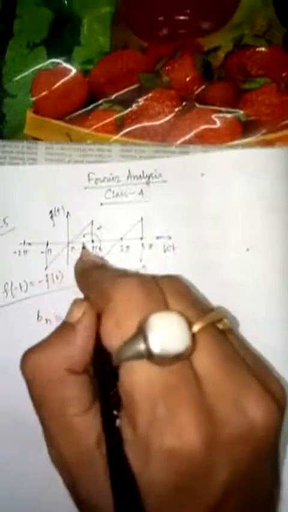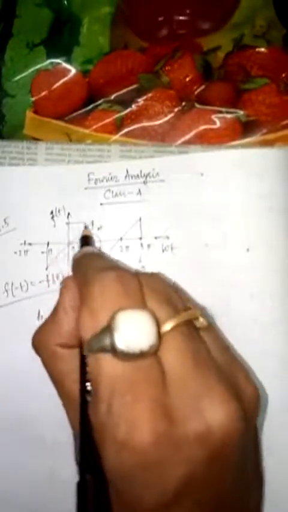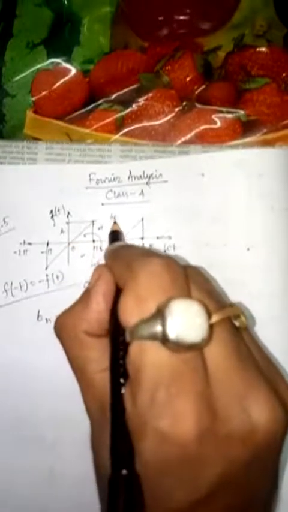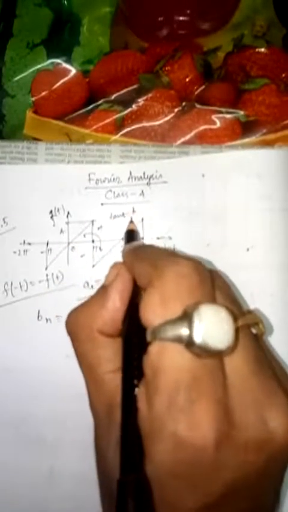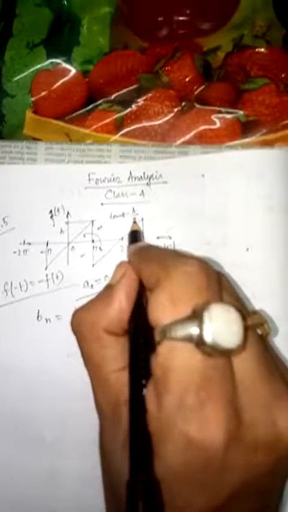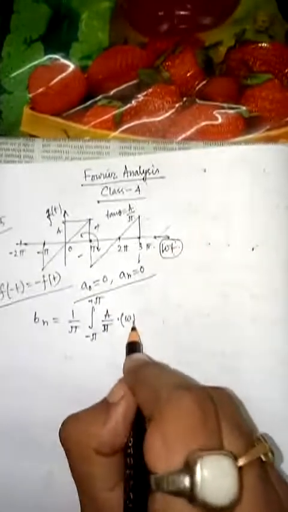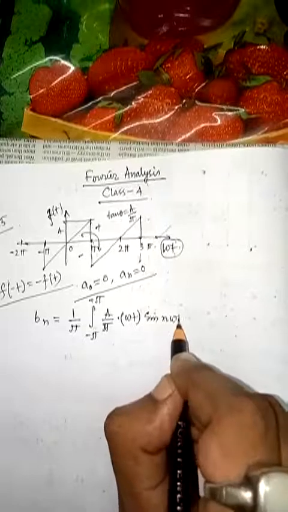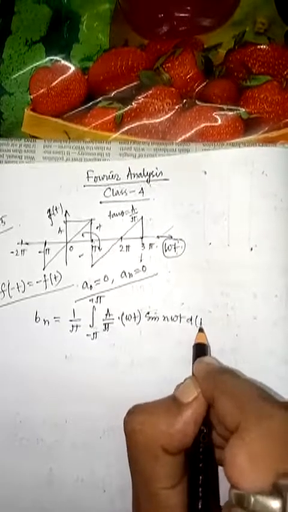Omega t is representing x, so it is a straight line, basically mx plus c. M is the gradient, here this is a, say this is pi, so tan theta equals a by pi. Here x is omega t, so it is a by pi omega t sine of n omega t d omega t.